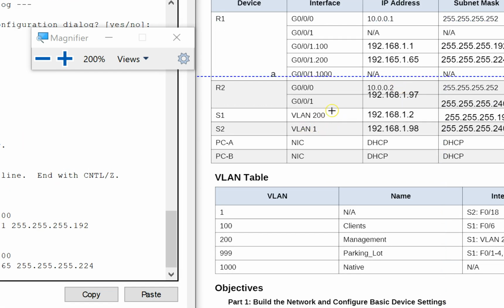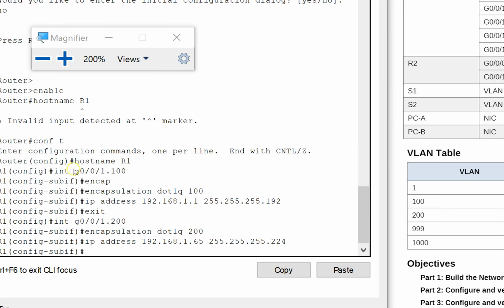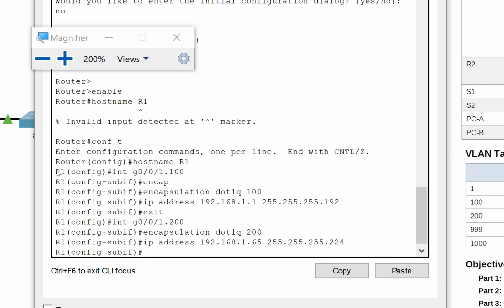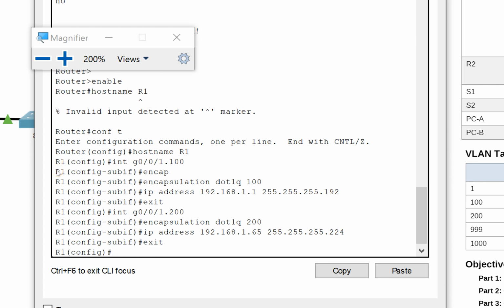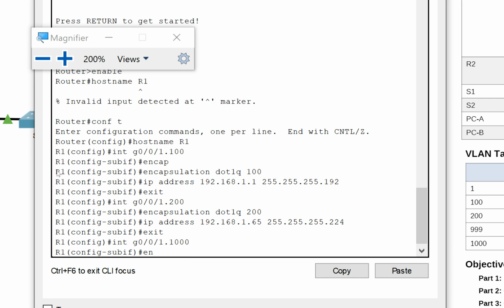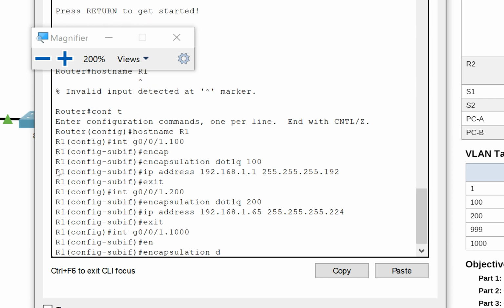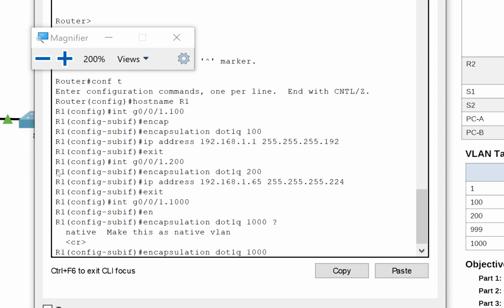Another thing we have to do is create that 1000, and with that 1000 is a little special. So exit out of this one. Interface G0/0/1, I'm sorry, .1000, right? Encapsulation dot1Q 1000. But there's something we have to append at the end of that.